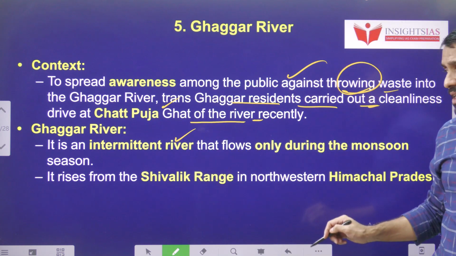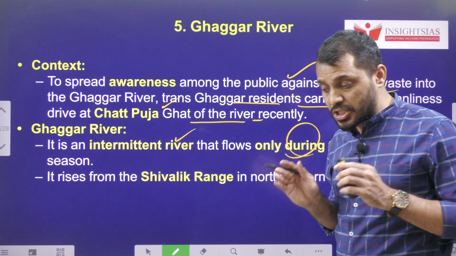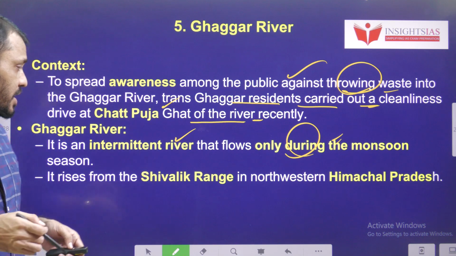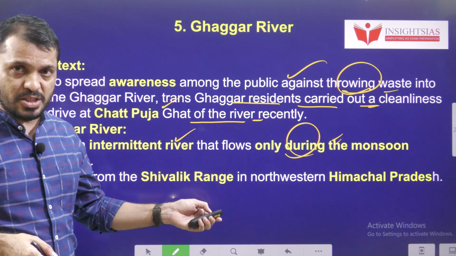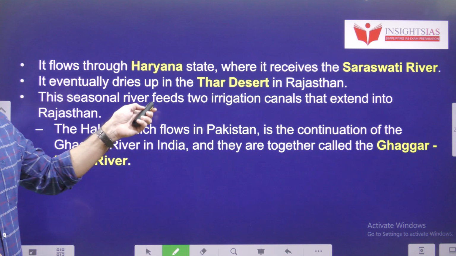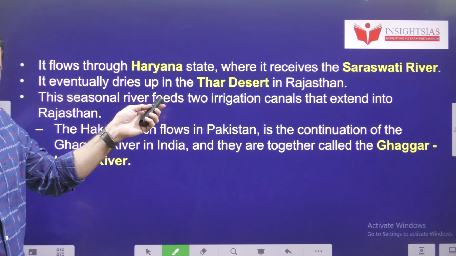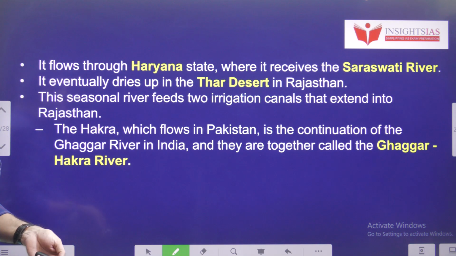It is an intermittent river that flows only during the monsoon. Intermittent river means it does not drain into any ocean or sea. That you have to understand. It arises from the Shivalik range in northwestern Himachal Pradesh, flows through Haryana state, where it receives water from the Saraswati river, and drains in the Thar desert in Rajasthan.